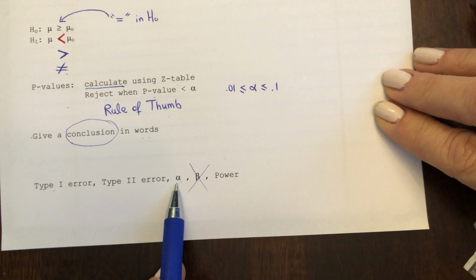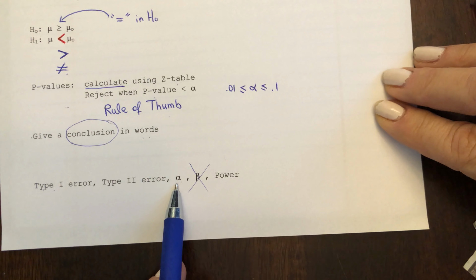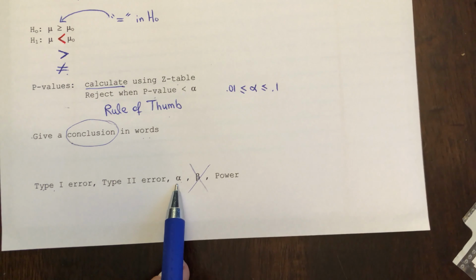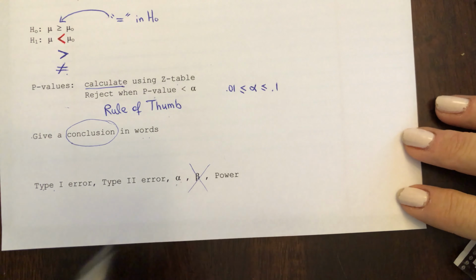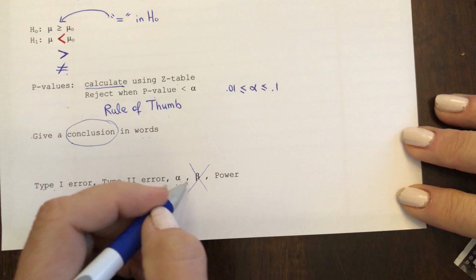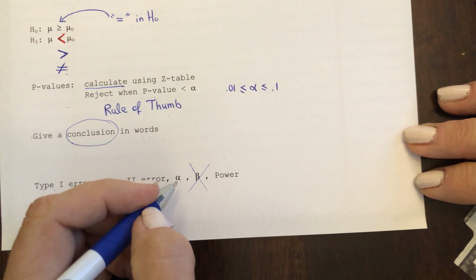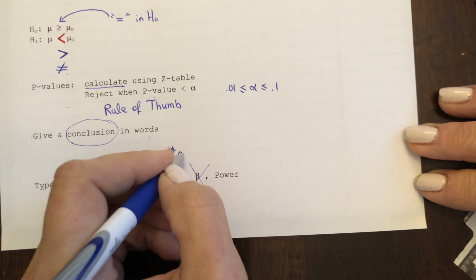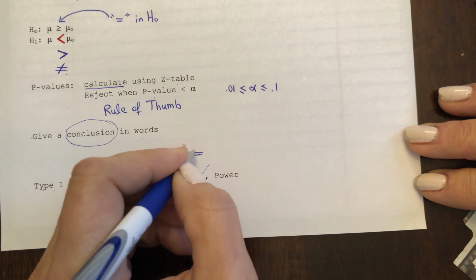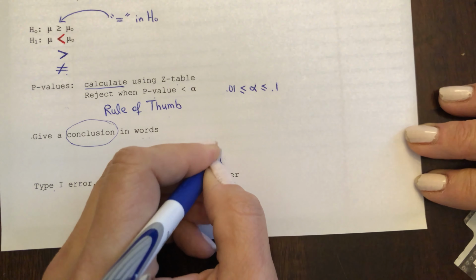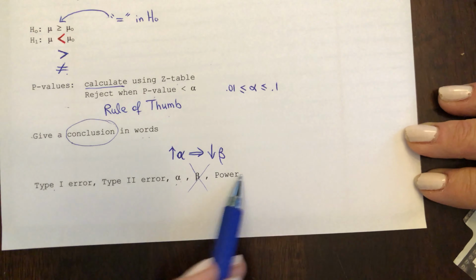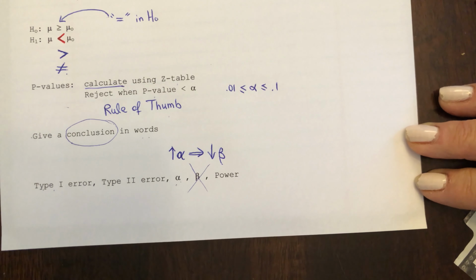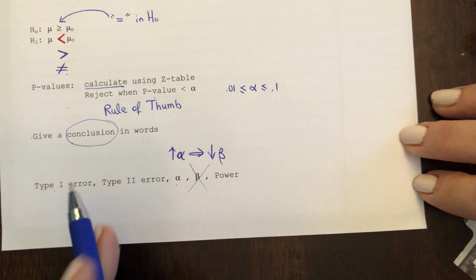But remember, the convention is you as a researcher choose what alpha is based on the severity of committing a type 1 versus a type 2 error. We can't control both, but remember these do have an inverse relationship. So again, as you increase alpha, beta will decrease, okay, and vice versa. So they do have this inverse but non-proportional relationship, okay?